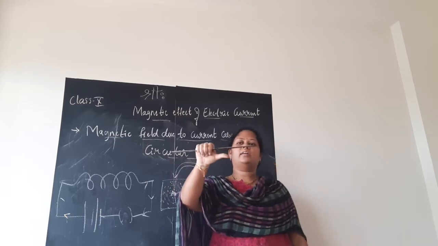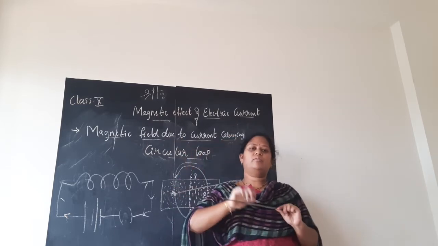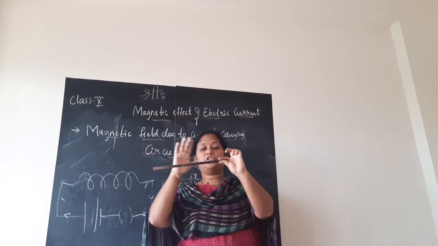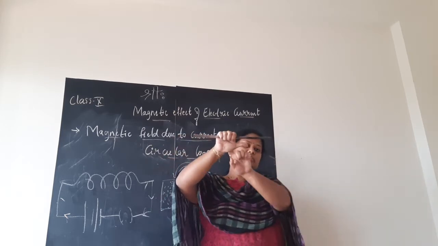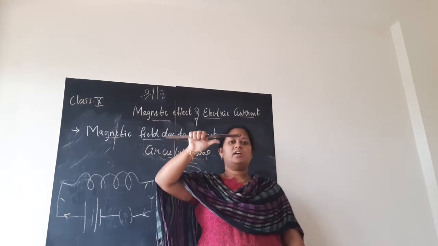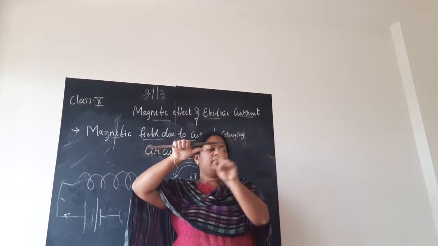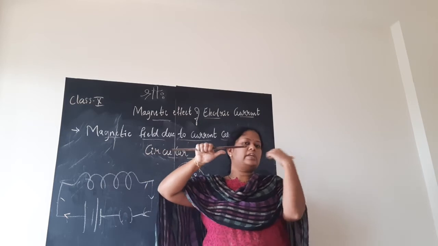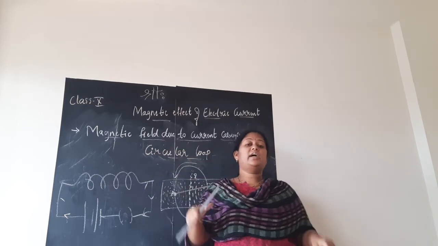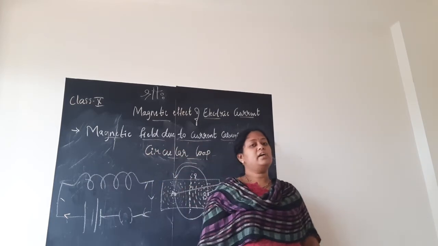Hold the conductor. So when the conductor is in this position, when you hold it, your thumb is showing towards my left. Correct? The thumb is showing the direction towards left. In whichever direction the current is flowing, in the same direction.